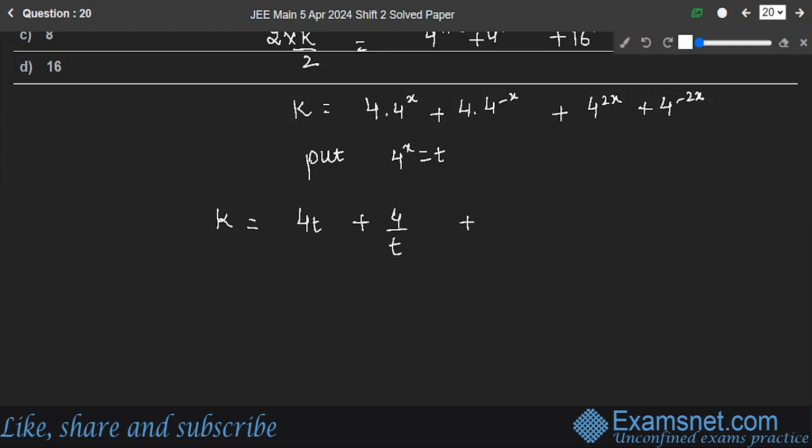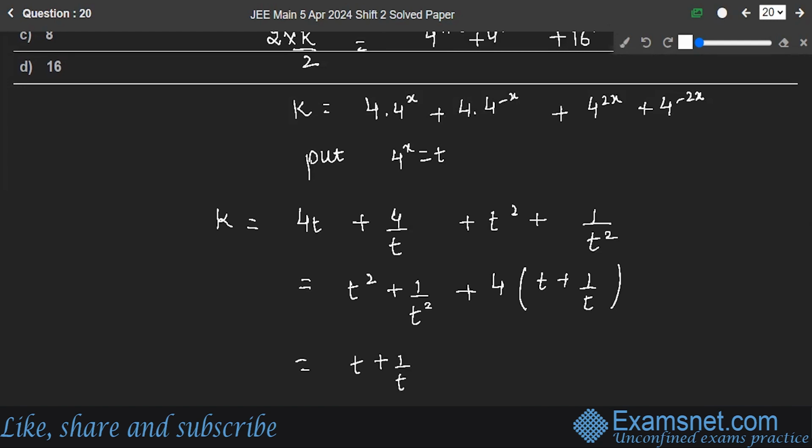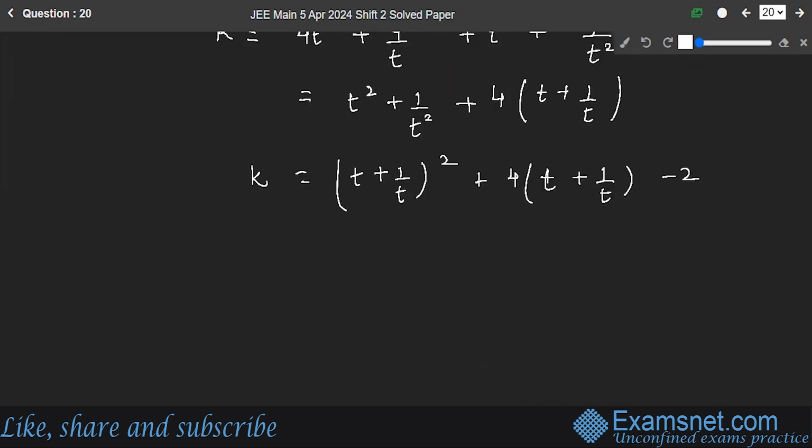Thus I can write plus t square plus 1 upon t square. Or this is t square plus 1 upon t square plus 4 into t plus 1 upon t. This is equal to t plus 1 upon t whole square plus 4 into t plus 1 upon t minus 2. Now let's say that was equal to your k.